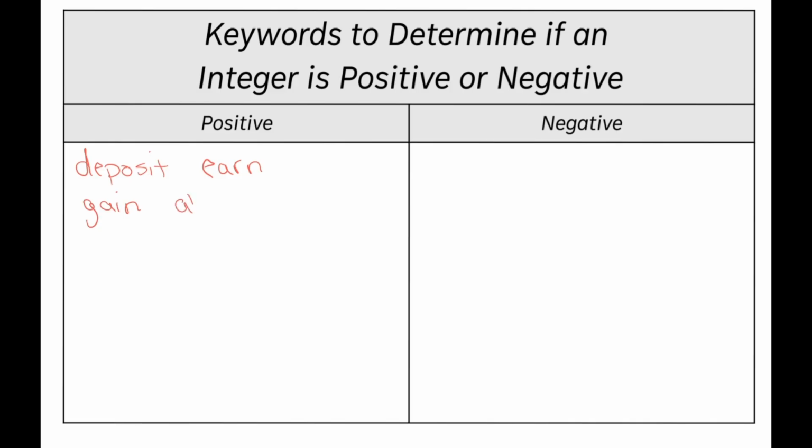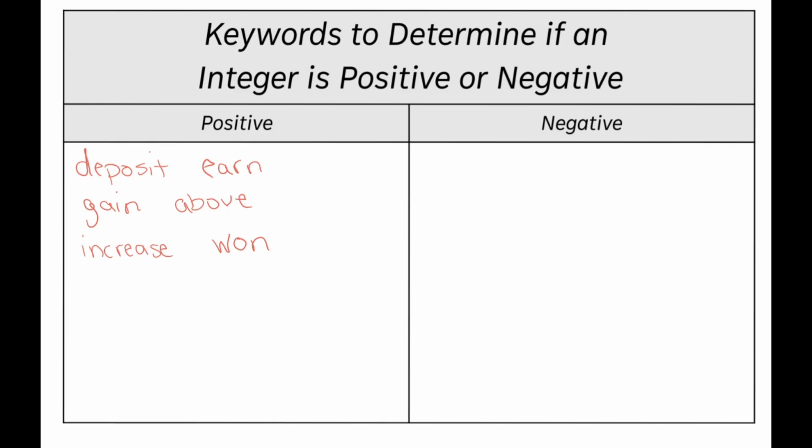Above. If something is above water, that would be a positive situation. Increase. If a business has an increase in revenue, meaning they are earning more money, that would be a positive situation.